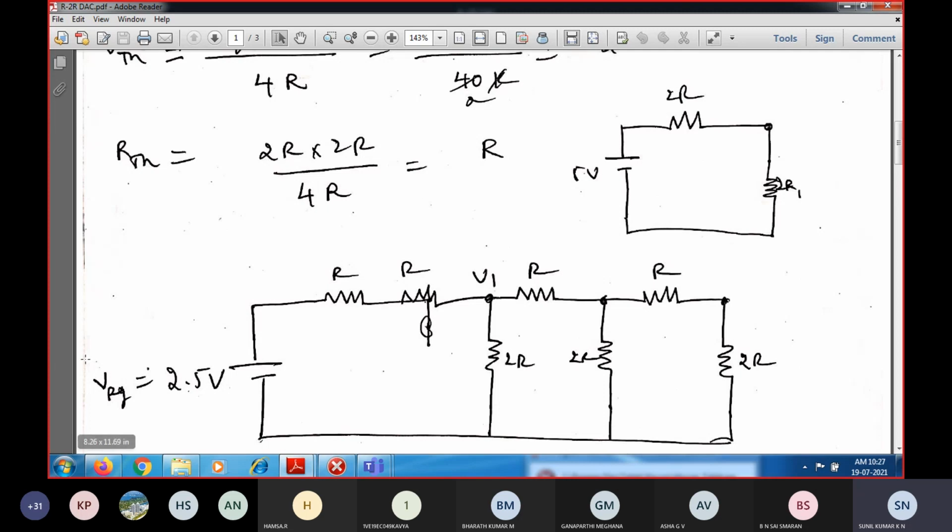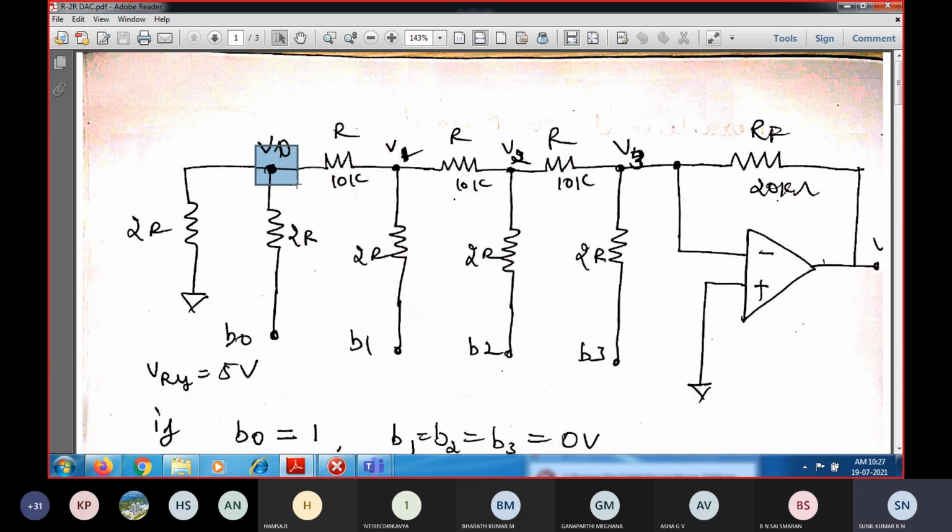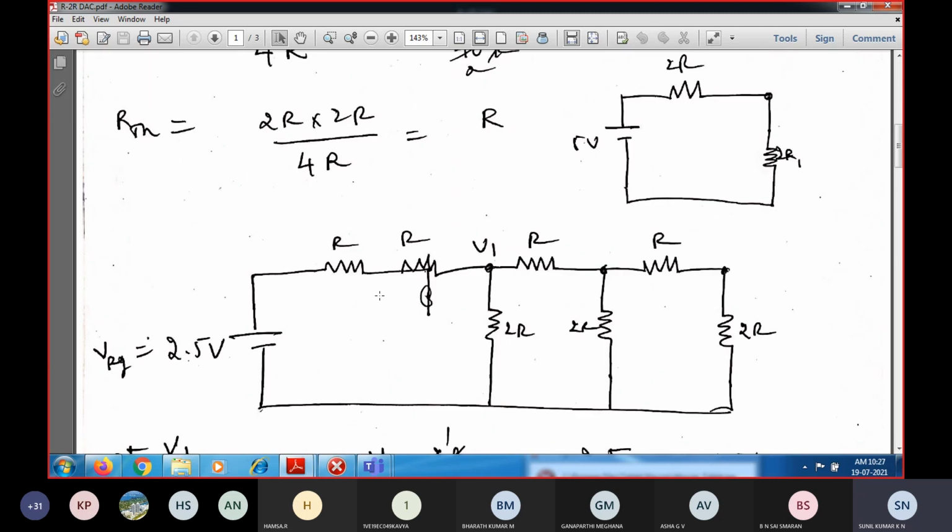So here it will be having 2.5 volts with respect to this V reference. So at this node voltage V naught, it will be acting as a V reference now.